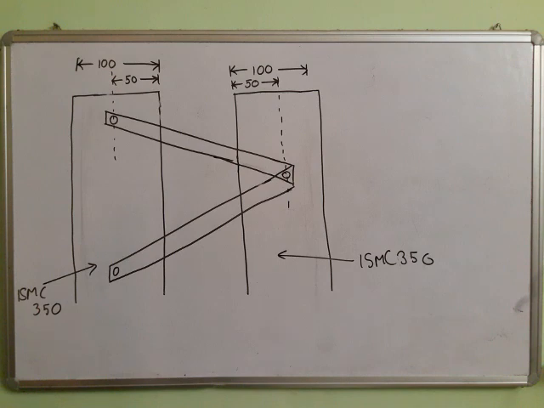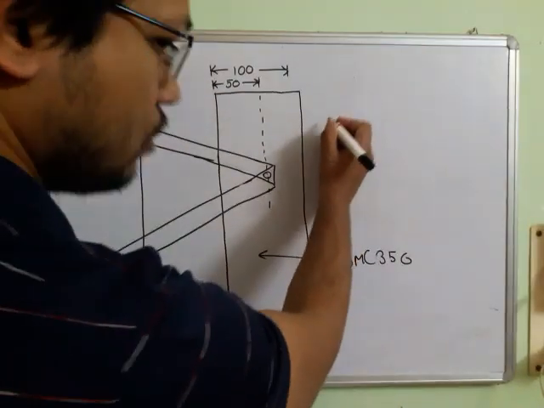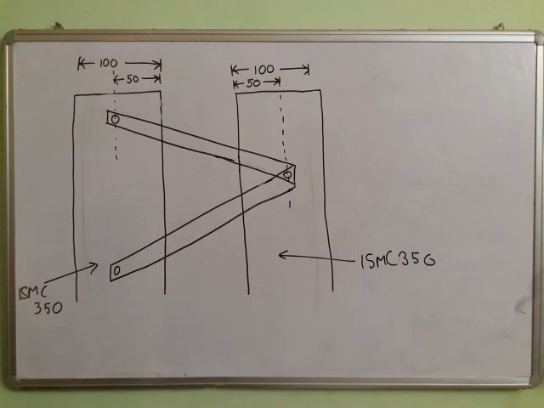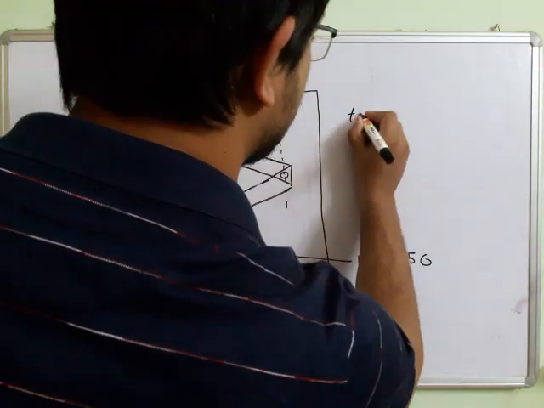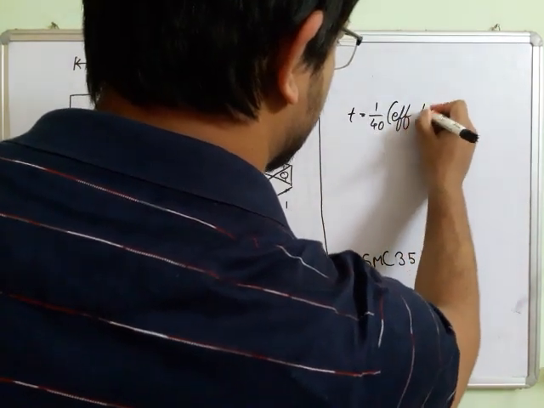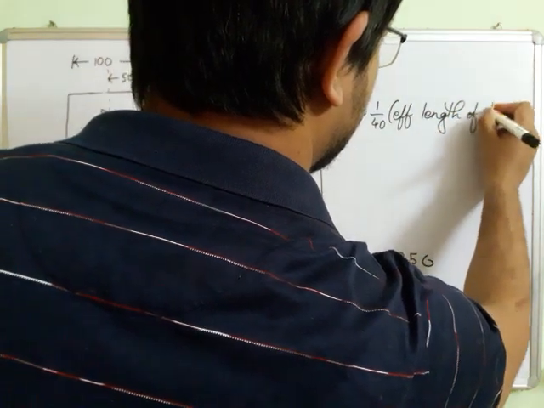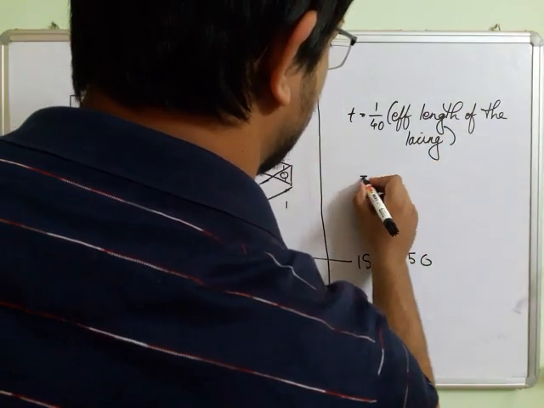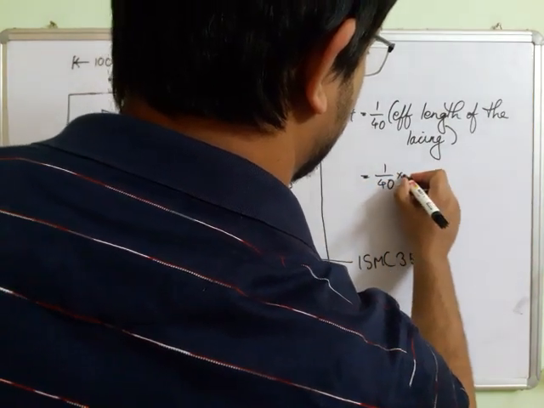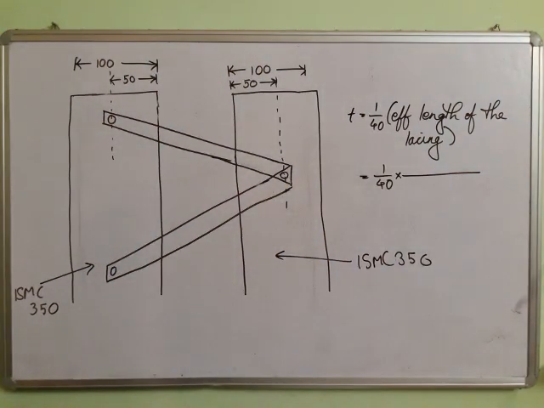Now, in the last class I told you that the thickness of the lacing will be 1 by 40 times the effective length of the lacing. So what is the effective length?